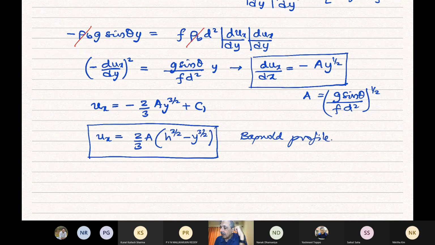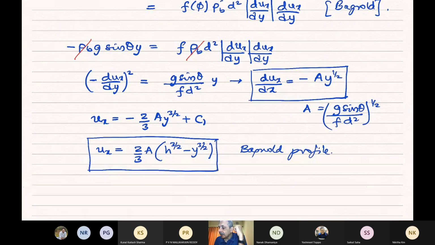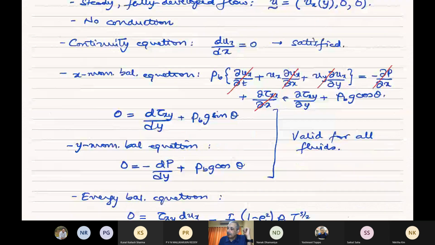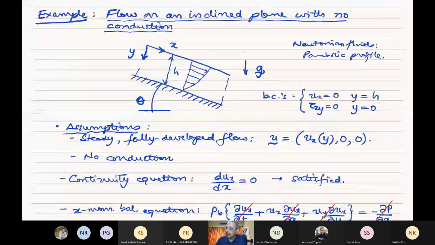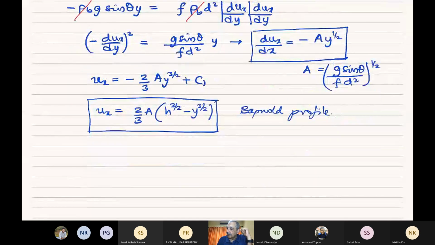And you can see that this is not a parabolic profile. For a Newtonian fluid, you would have had a parabolic profile. This is going as, instead of y squared, y raised to the power of 3 by 2. So this is the unique thing about granular material, that you don't get a parabolic profile, but a Bagnold profile.